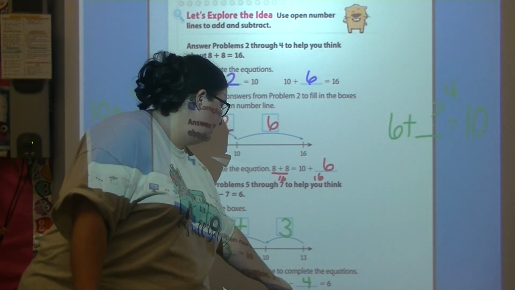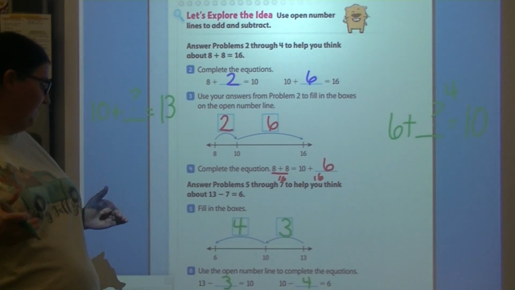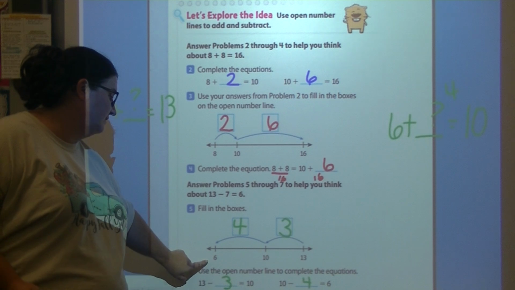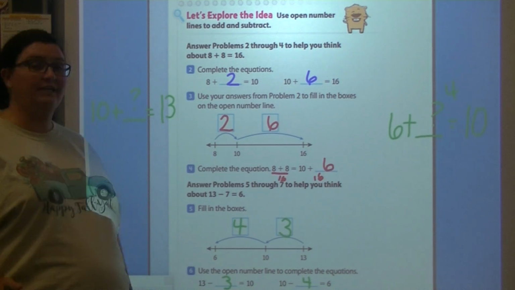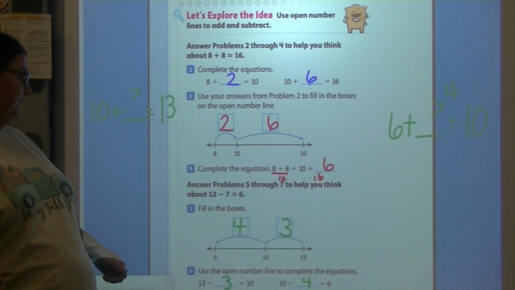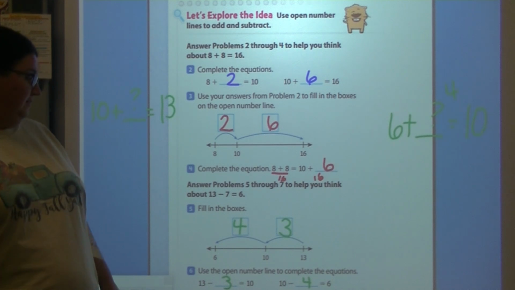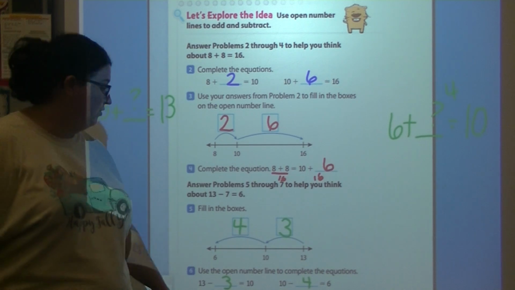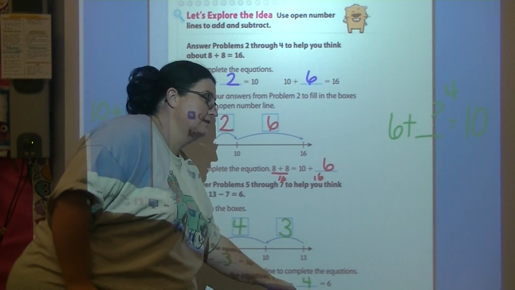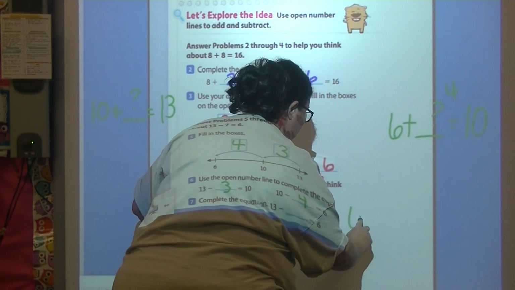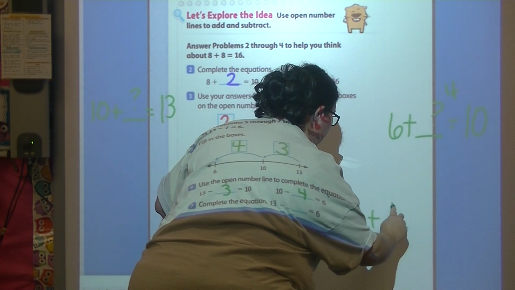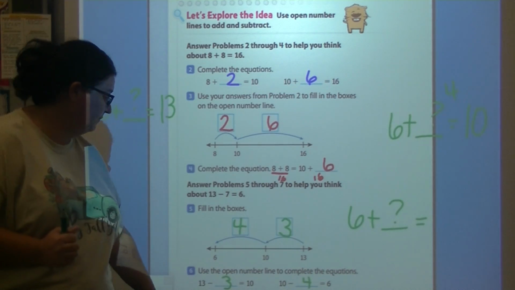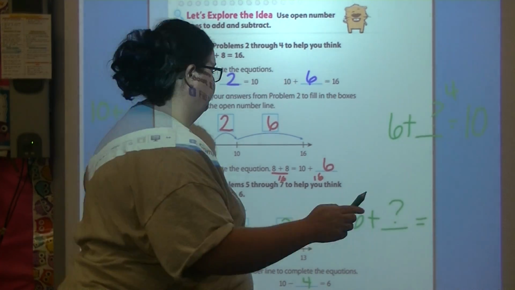So now we have the big problem all together. We have 13 minus what number equals 6? We want to know the whole big problem. So now we can turn that whole problem around. What number will we start with? 6 plus what number equals? What's our big number? 13.